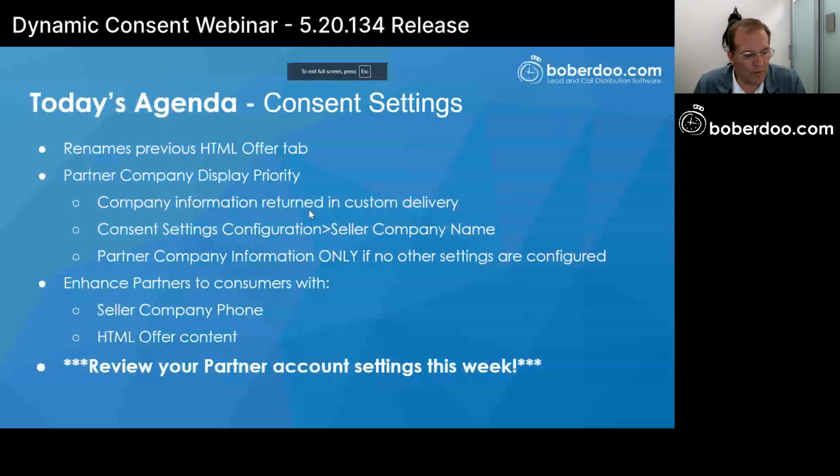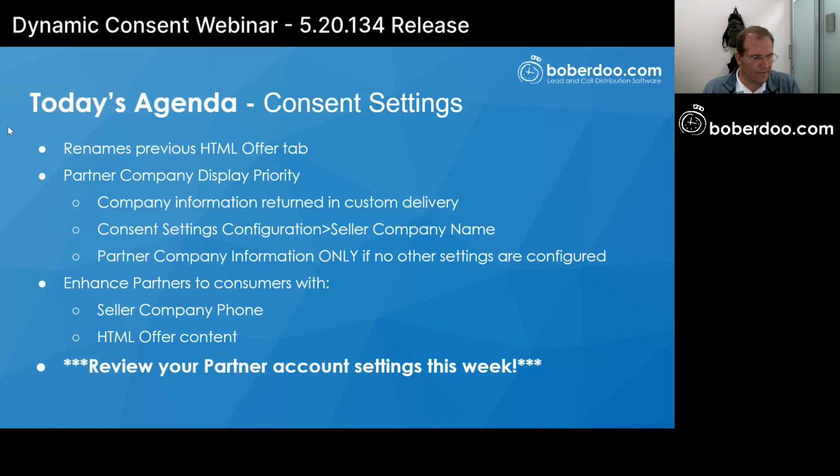So moving on, you saw there some partner information that was returned back to the consumer. You may have all kinds of company information in boberdoo of how you associate the company. You may have encrypted language.